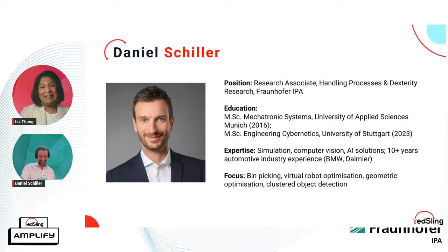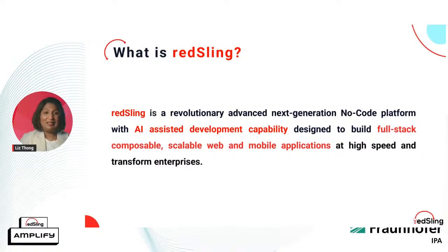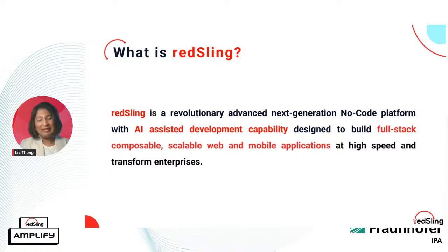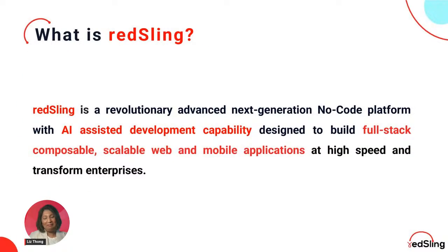So let's spend the next few minutes just talking about redSling. And redSling is part of the AI bin picking solution. So what is redSling? Let me take you through what redSling is, what's unique about redSling, and why we are well placed to play a part in the AI bin picking solution. redSling is a revolutionary advanced next-gen no-code platform. And it's capable of building full stack applications.